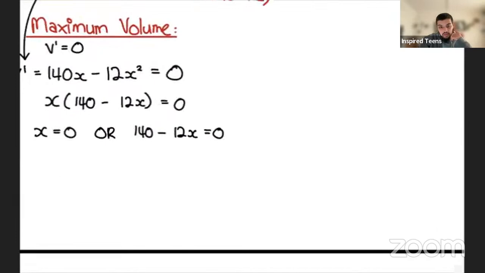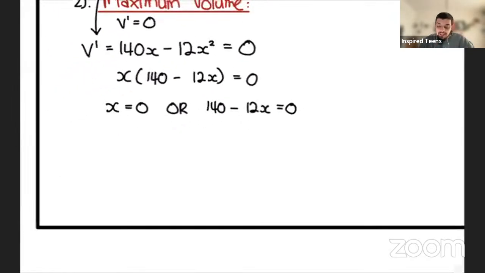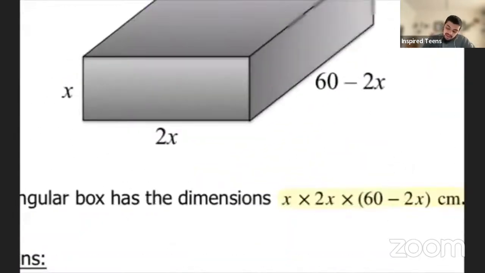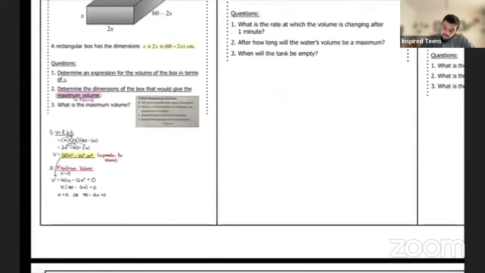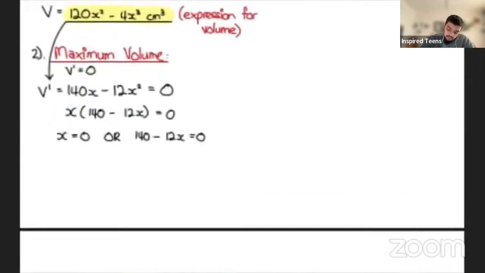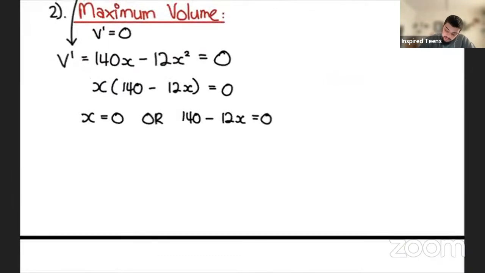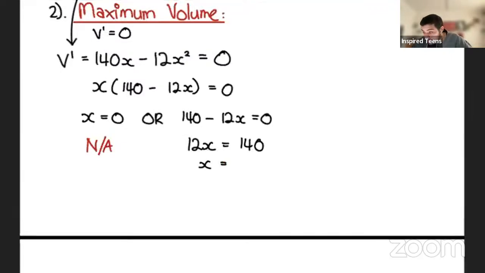We can't have x as 0 because this length cannot be 0. So this is out, not applicable.